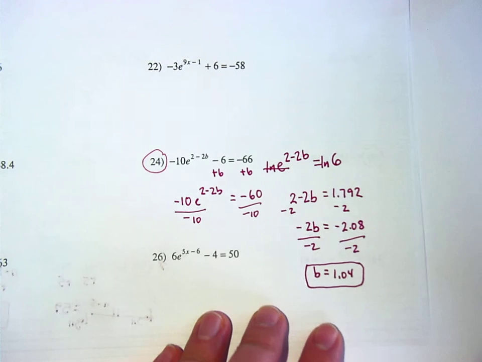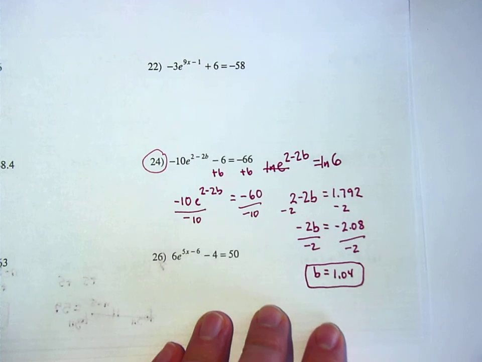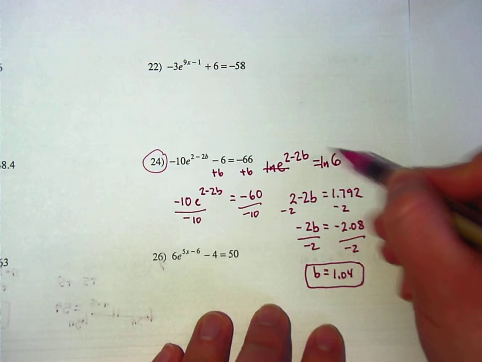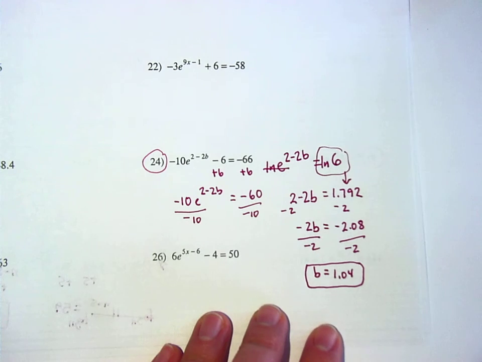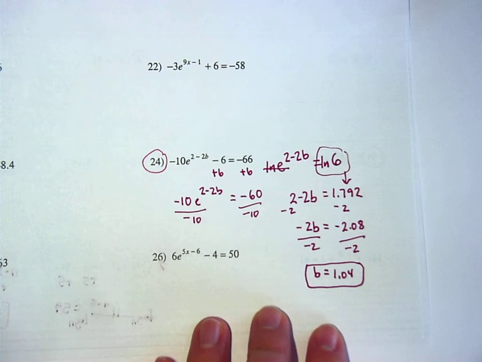So I missed what you did. So you do the natural log on both sides, yep. And then, so is it just the natural log of negative 60? Yeah, so the natural log of 6 is that. Oh, I forgot.